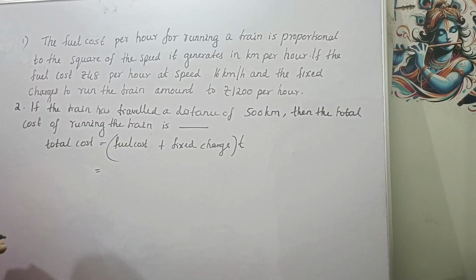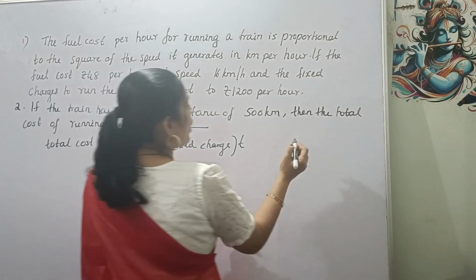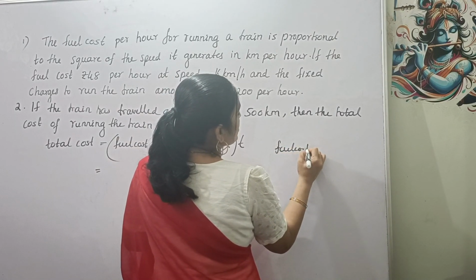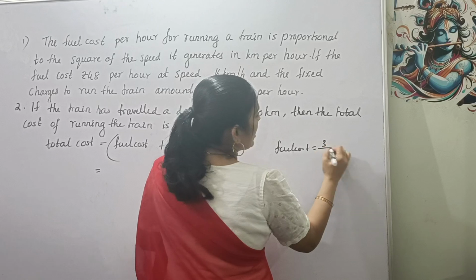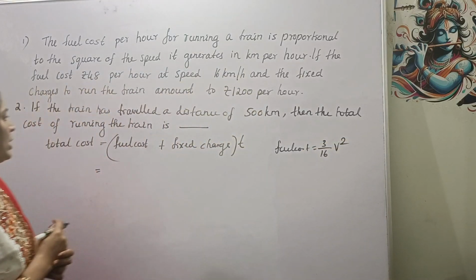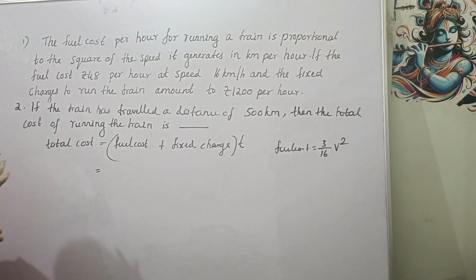It is given that fuel cost is proportional to the square of the speed, and we have found the value of k also. That is, we have got fuel cost equal to 3 by 16 into v square, where we denote speed as v.